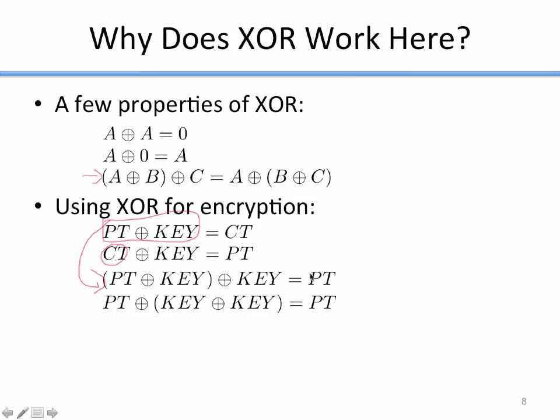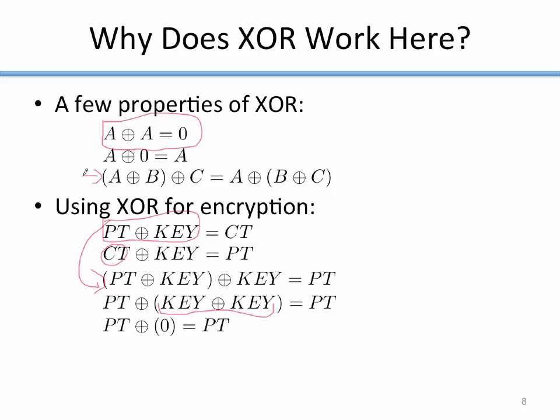Okay, so now I'm going to use the associativity property to just swap the parentheses around. And now I have within this little subset key exclusive ORed with key. Well, something exclusive ORed with itself is always 0. So if that's 0, then this equation reduces to the plain text exclusive ORed with 0 equals the plain text.